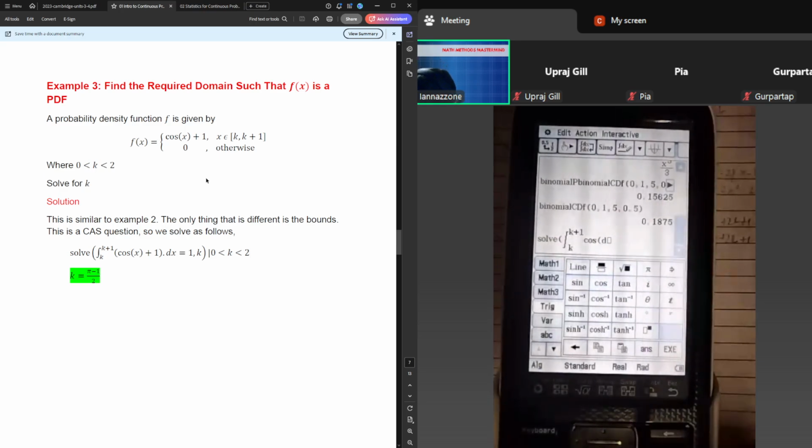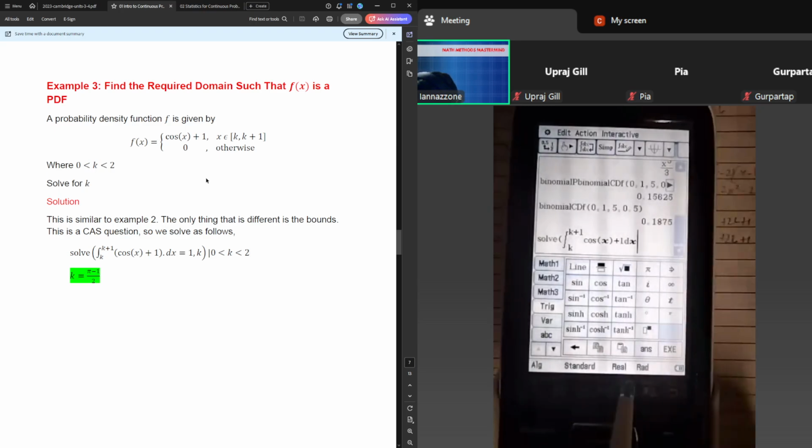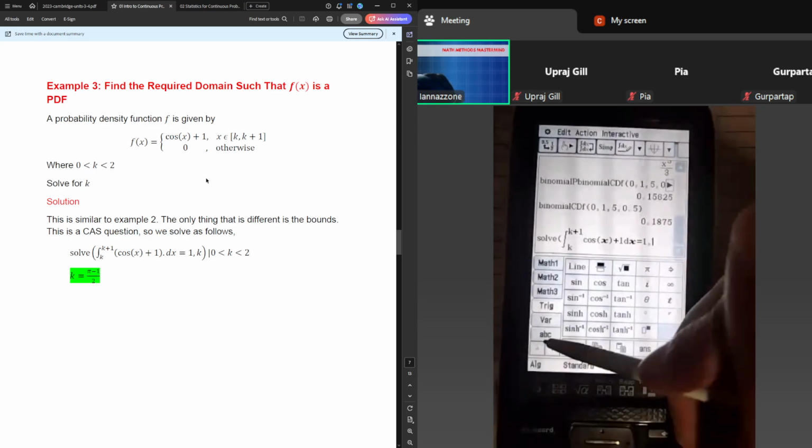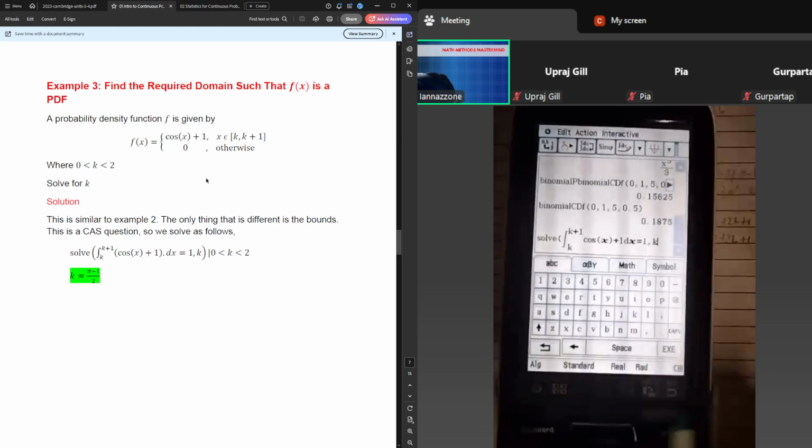Cos x plus 1 dx equals 1, comma k. Okay.